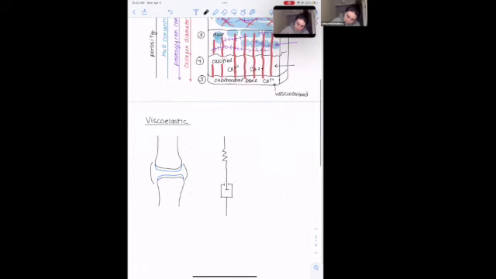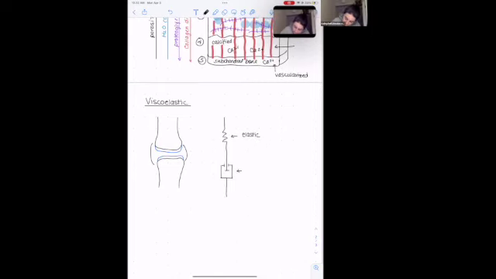And this spring would represent the elastic components of the forces, and the damper would represent viscous. So elastic equals spring, viscous equals damper.